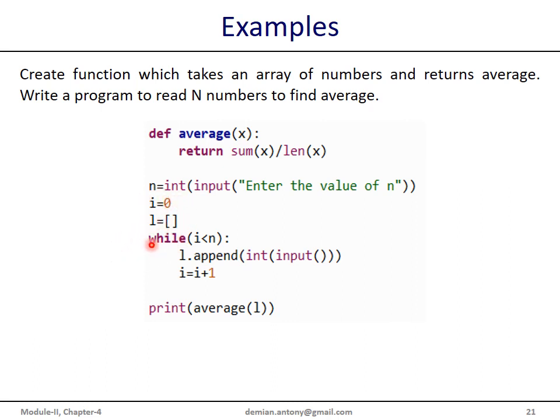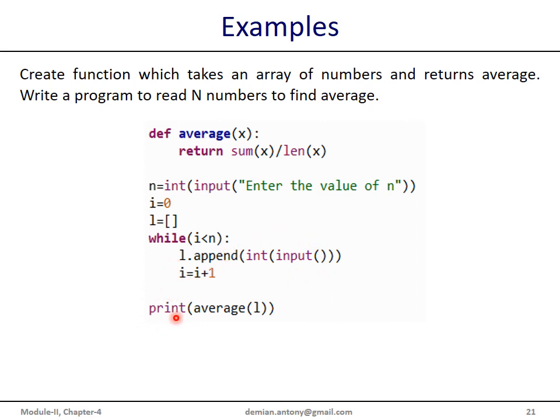And what we have to do is go on reading the numbers from the user till we read n numbers, and upon reading a number, go on appending that number onto the list. That's why you can see l.append, directly you read the number and convert it to integer. The argument to append is nothing but the read integer value, and go on incrementing the counter.